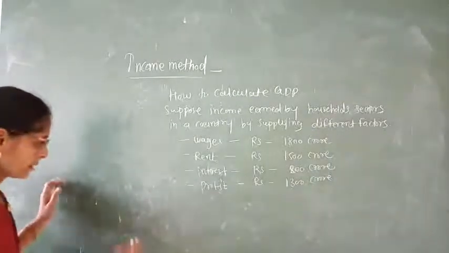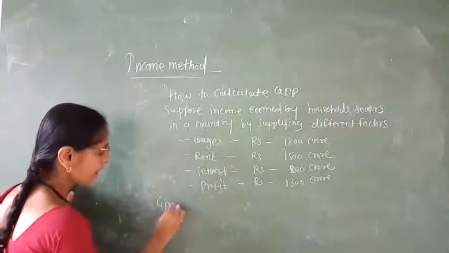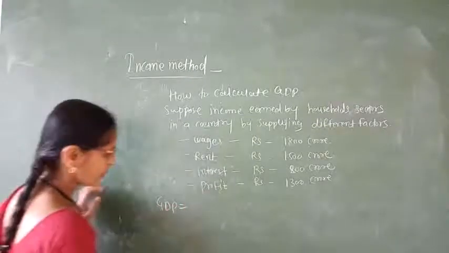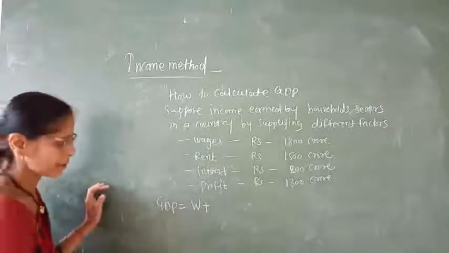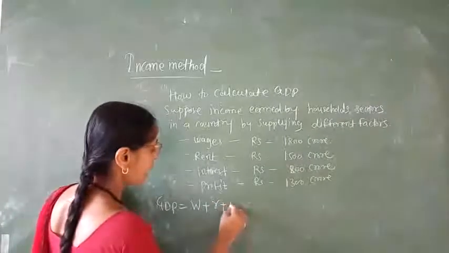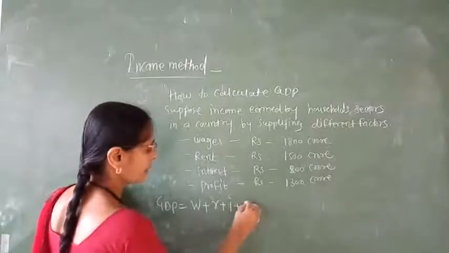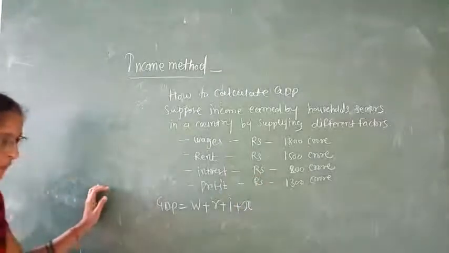Then calculate the GDP. The GDP is equal to W, the wages, plus R, the rent, plus I, the interest, plus P, the profit.